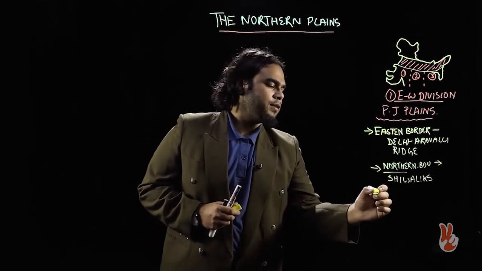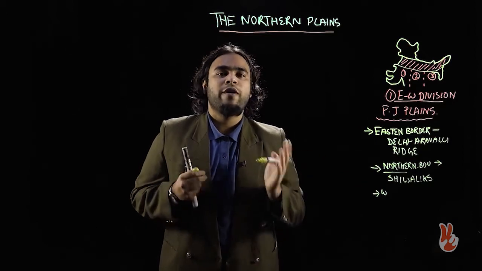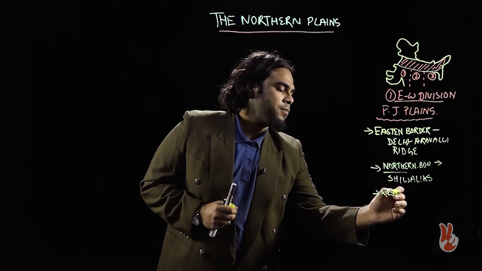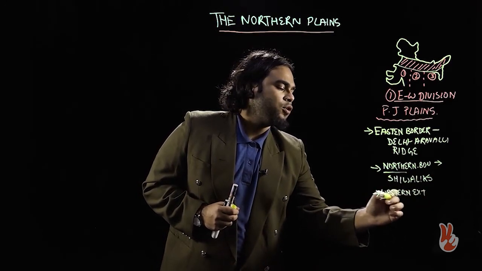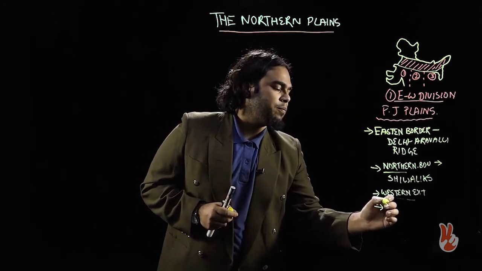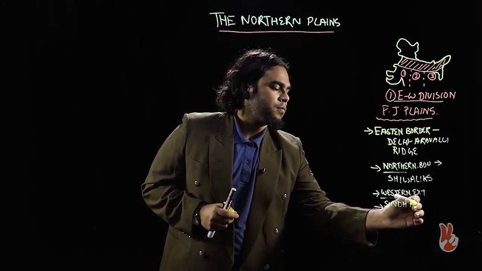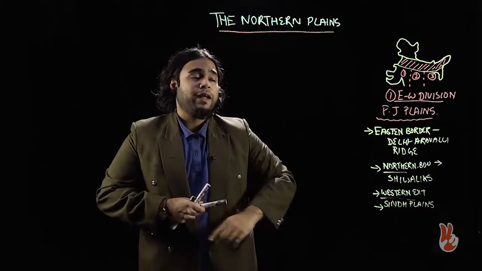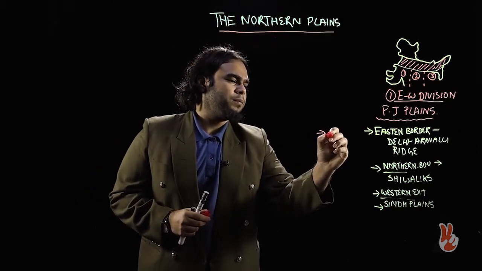And your western, there is no western boundary. Instead of western boundary, we have a western extension. Okay, so the western extension of the Punjab Plains is your Sindh Plains. This Punjab Plains is also marked by doabs.